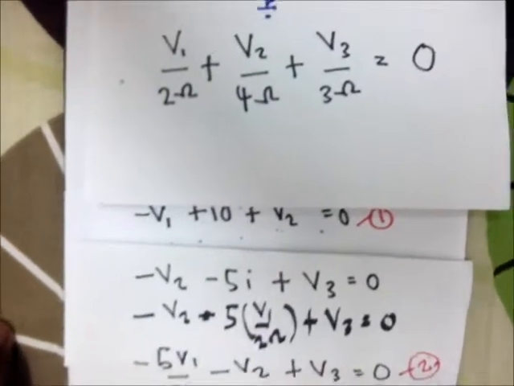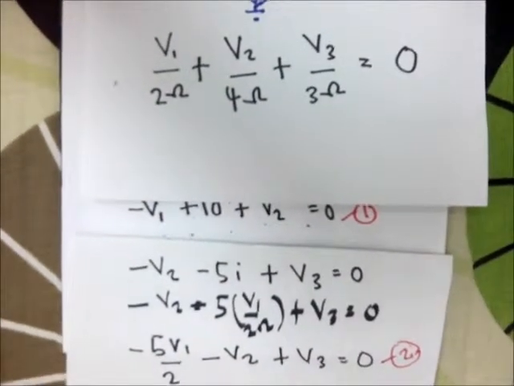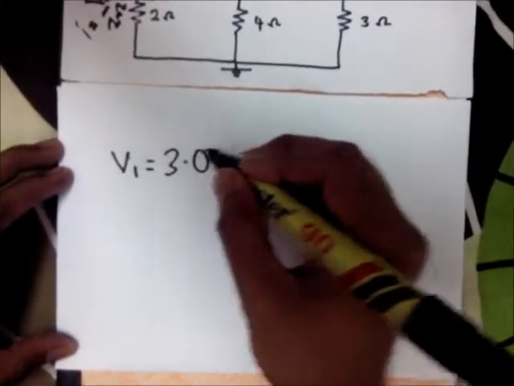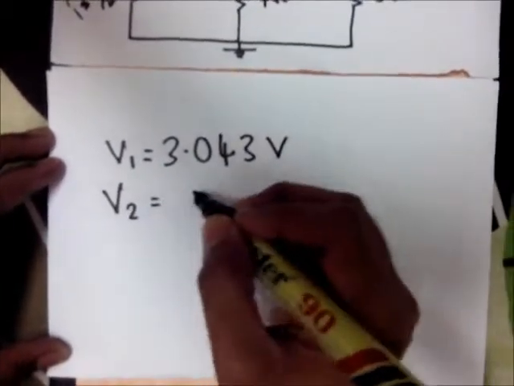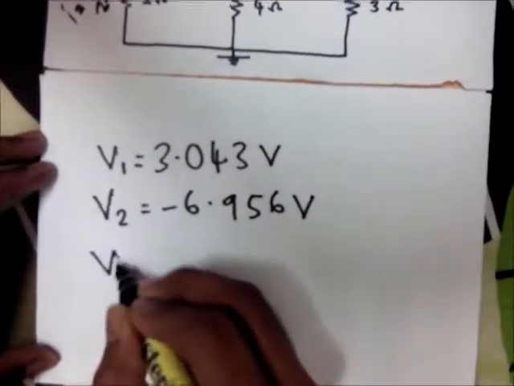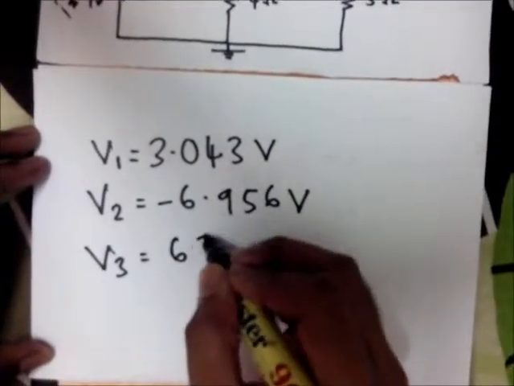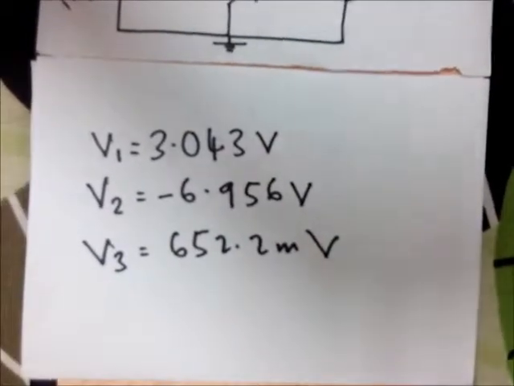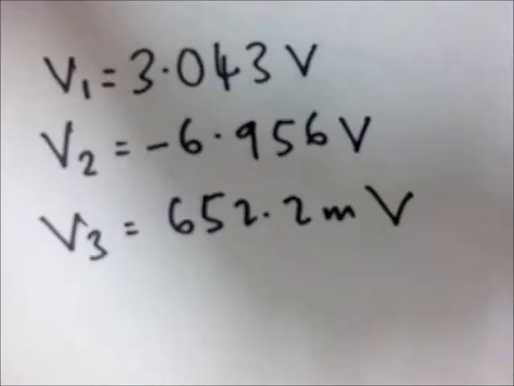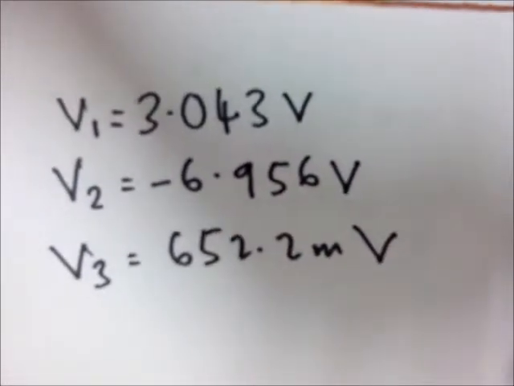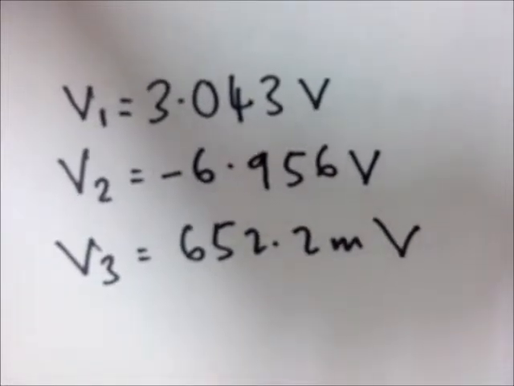If you solve the 3 equations, you will get V1 equal to 3.043 volt, V2 equal to negative 6.956 volt, V3 equal to 6.522 volt. Finally, we obtain V1, V2, V3. This is the result for supernode voltage.